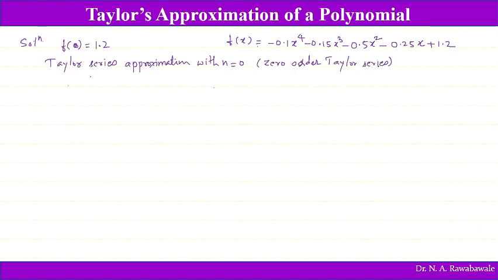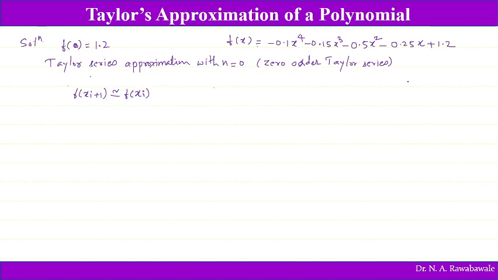If we use 0 order Taylor series, that is f of xi plus 1, meaning f of 1, is approximately equal to f of xi. f of xi is nothing but what we know, that is 1.2.